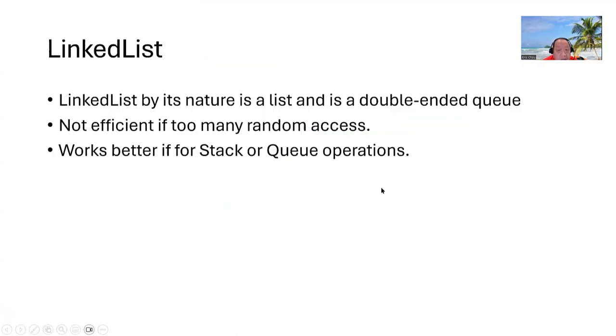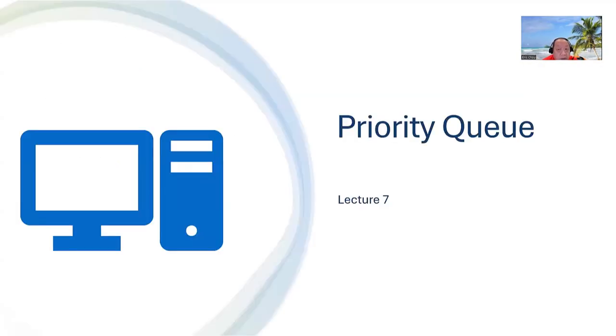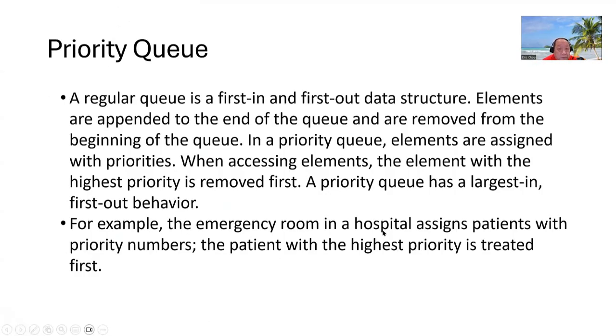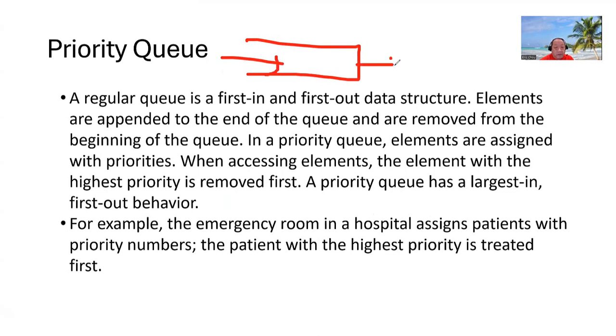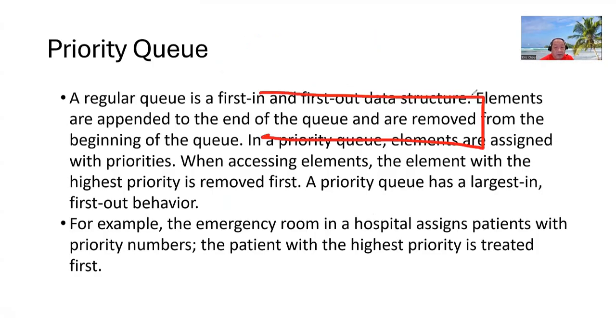Okay, let's continue. So priority queue in a way is still a queue, so it is first in, first out. But when you actually take the data out, it is not using the time of arrival to pick the data. It is actually using a priority to take the data.